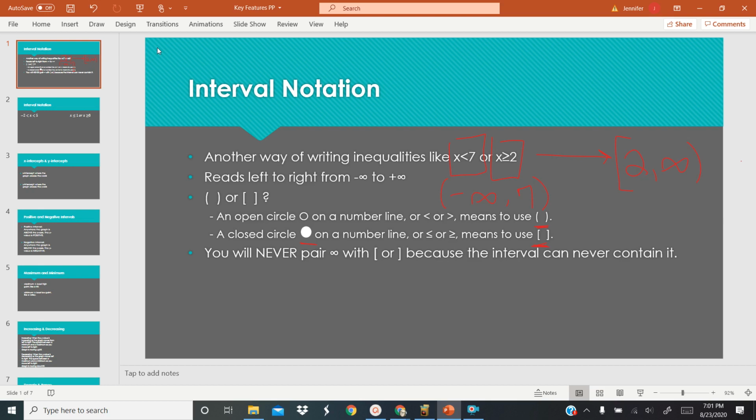With interval notation, one of the important things to remember is that it goes from negative infinity to positive infinity. So you're always going to want to write the smaller number first. You'll have a parenthesis, you'll write the smaller number, and a lot of times that's going to be negative infinity.